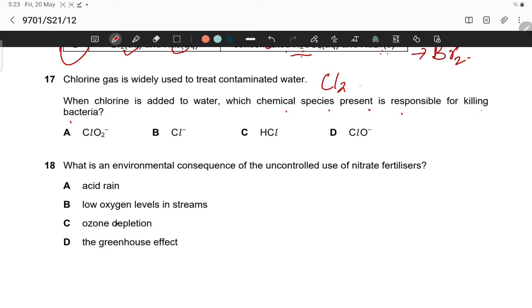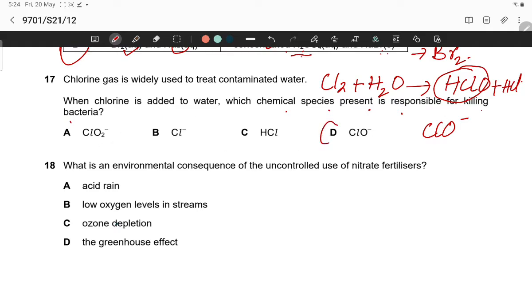Cl2 when reacting with water forms HClO and HCl. So this chemical species, HClO, the ClO negative ion, is responsible for killing bacteria. So D option is correct.